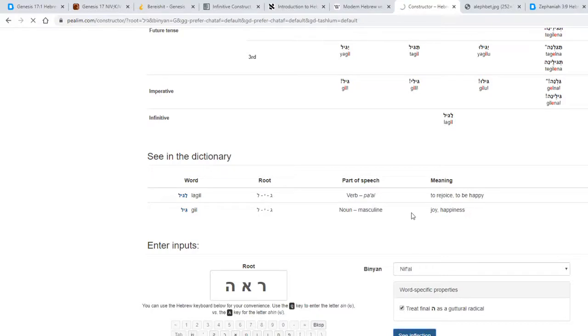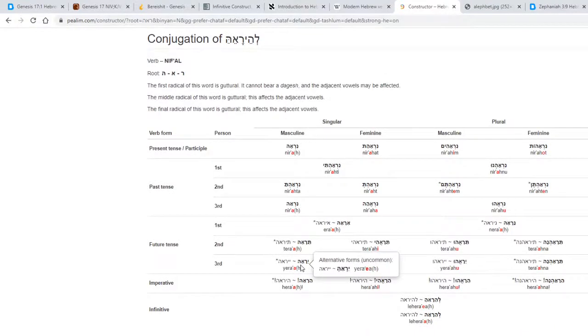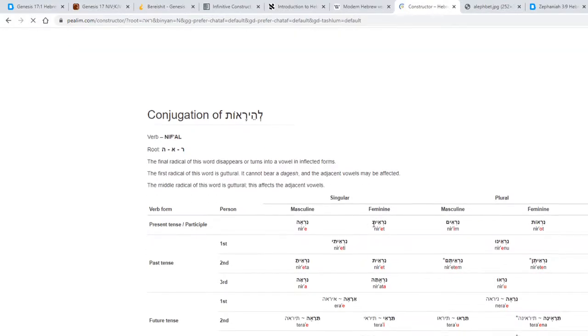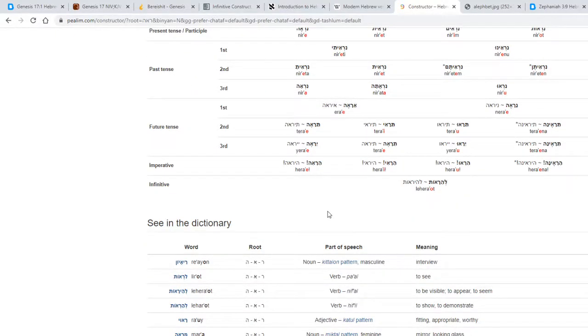So let's see how they're going to do ra'ah. The hey isn't really absconding here, like I would expect. Third person masculine singular, right? I'm kind of wondering why they're saying it's not. Anyway, okay, so that's what they're saying.